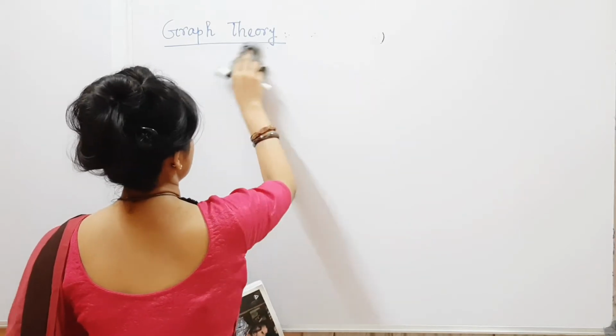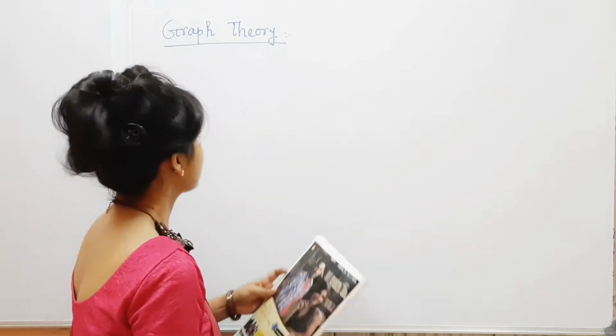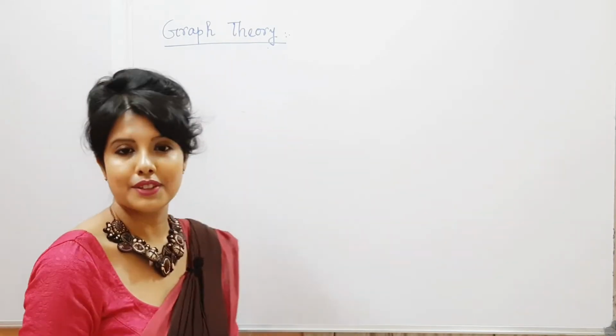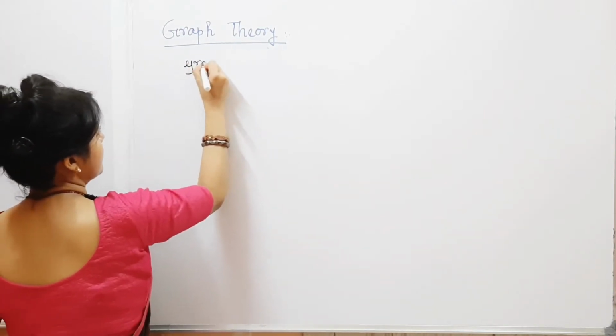Graph theory is actually the theory of graphs, because the name is graph theory, so it is obviously the theory of graphs.